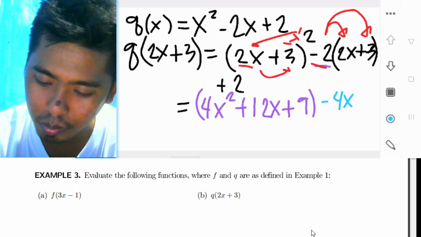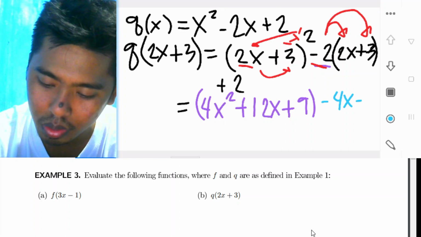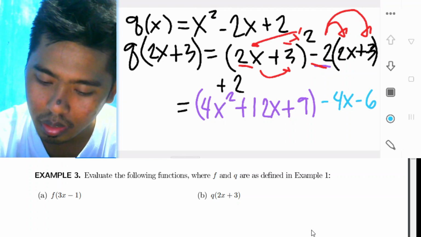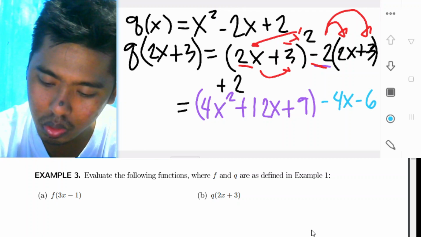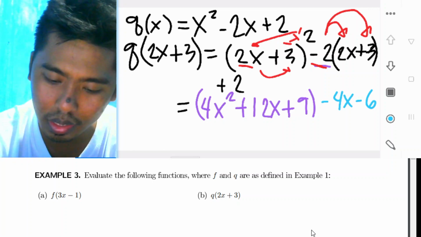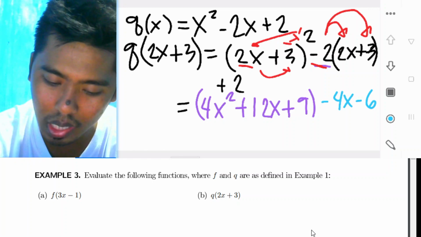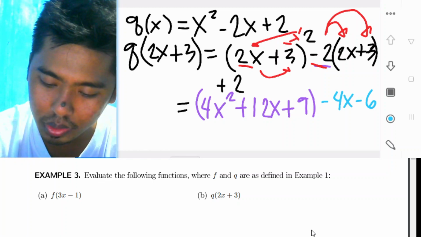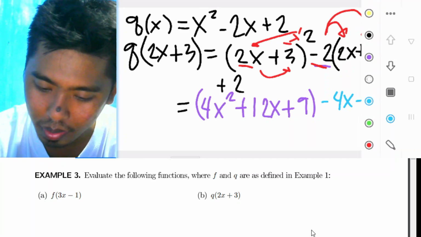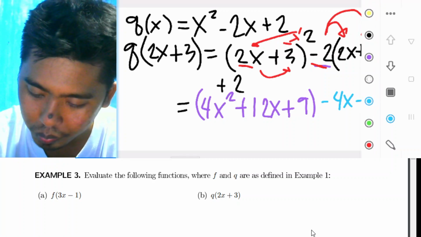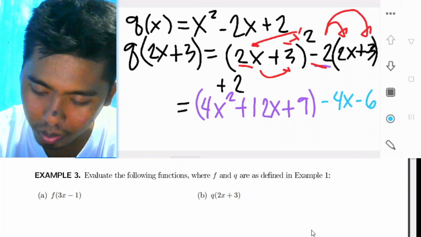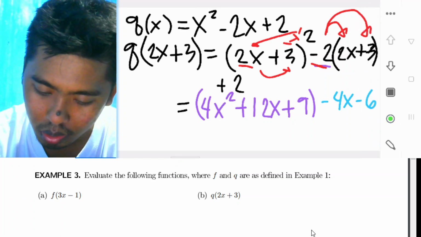Negative 2 times positive 3, that would become negative 6. Then here, plus 2.